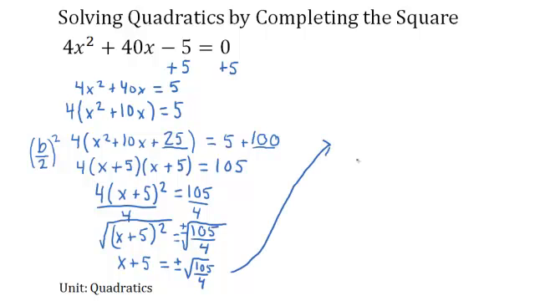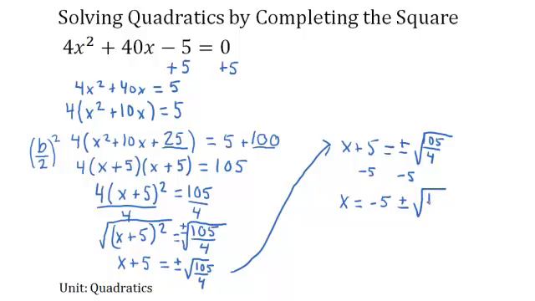Now, tracking up here, if we have x plus 5 equals plus or minus the square root of 105 divided by 4, I can then subtract 5 from both sides to get x equals, and I'm going to write the negative 5 first, plus or minus the square root of 105 divided by 4.